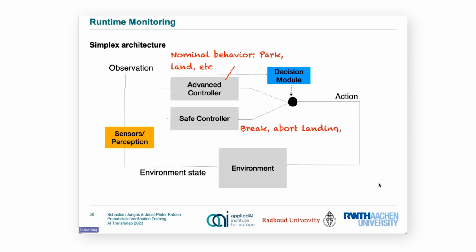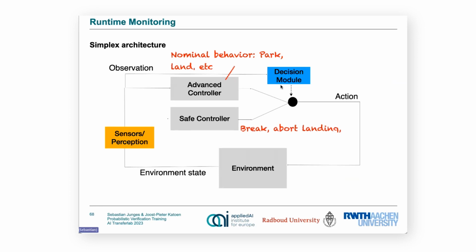And that is called runtime monitoring. So here, the challenge is as follows. You have an advanced controller, maybe for driving your vehicle, for deciding whether or not you can land as a plane. And there's a safe controller, and that does something that is deemed safe in all kinds of situations.